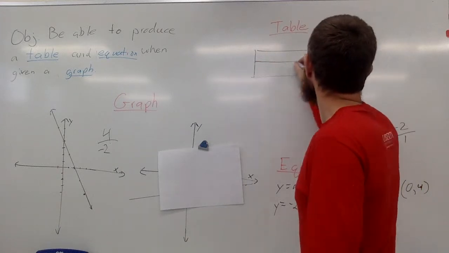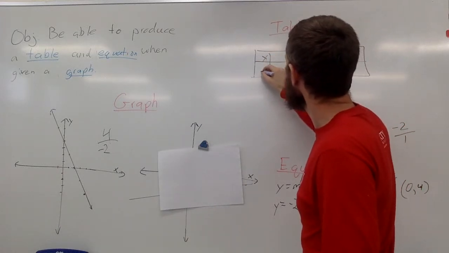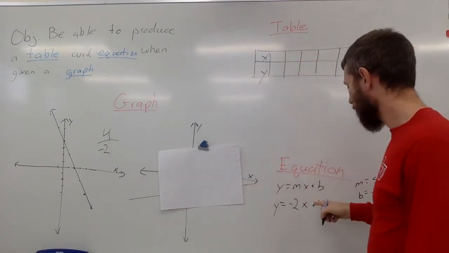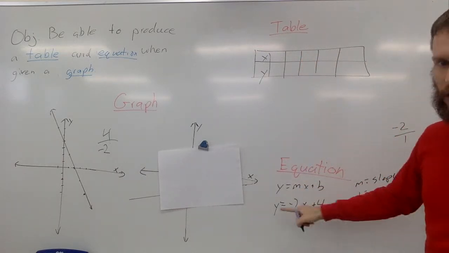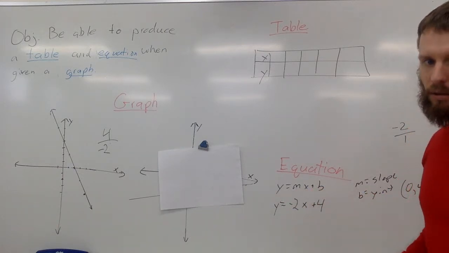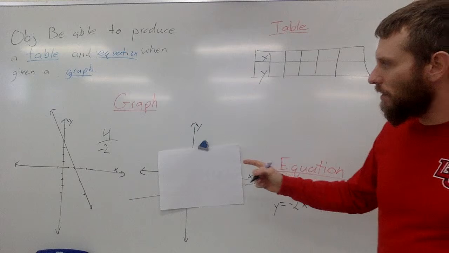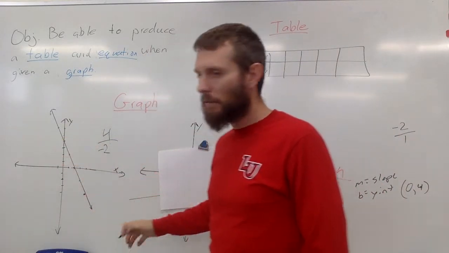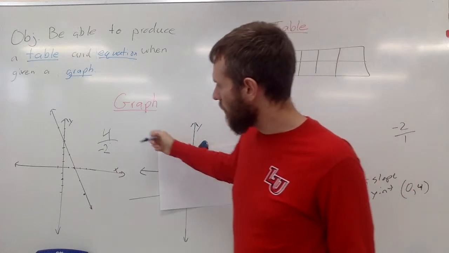Now, of course, I can make a table. One way to make this table would be to plug in values for x and see what y becomes to get coordinates that way. But there's an easier way: since I have the graph, I can just name points on this line.